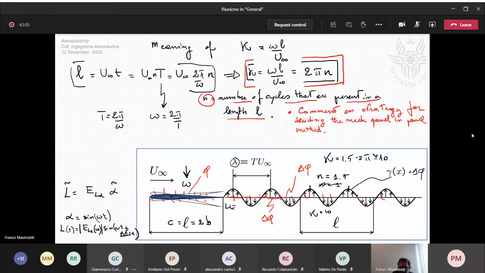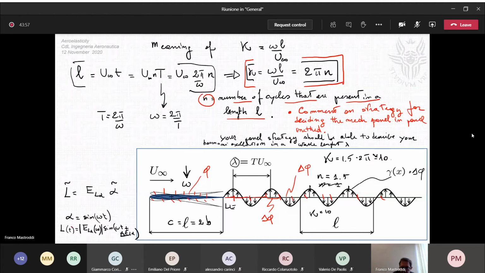You have this length, and your panel strategy should be able to describe your harmonic oscillation in a wavelength lambda.